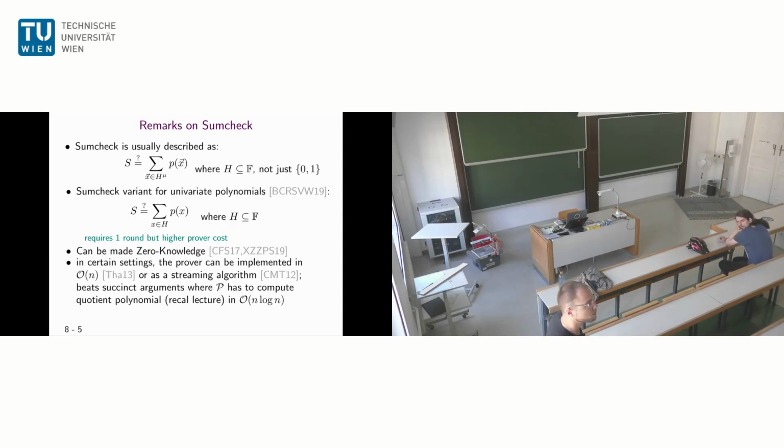Usually, with the SNARKs we showed you, the prover had to do some significant overhead computations on the side in order to also convince the verifier of the correctness of his computation. In particular, in the succinct arguments that Georg showed to you, where we do this trick with the quotient polynomial, that we factor out a polynomial, there you immediately hit the boundaries of quasi-linear time because you're going to need FFTs for that.